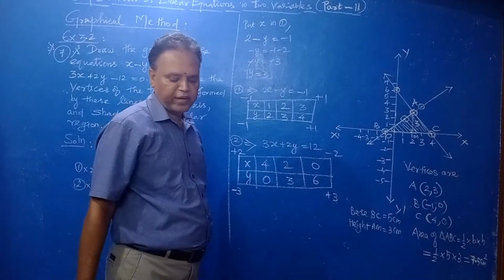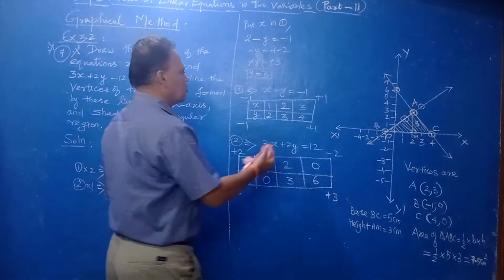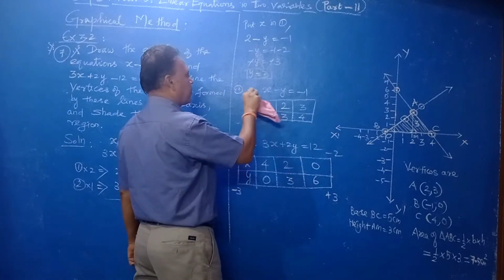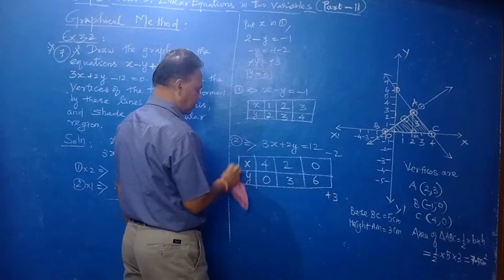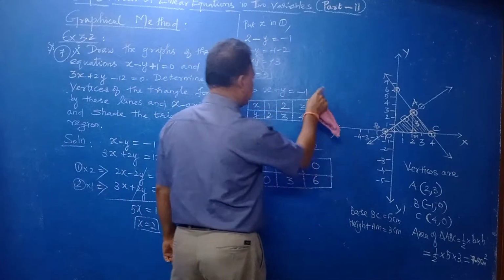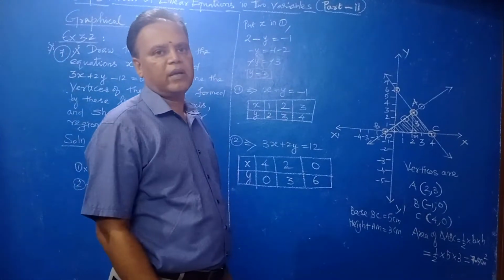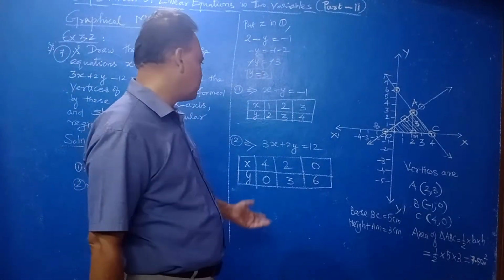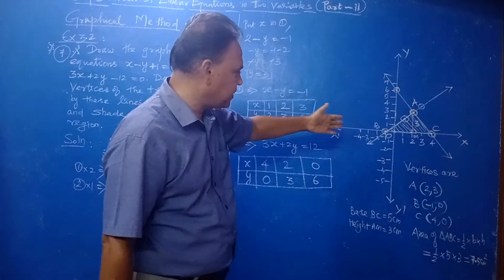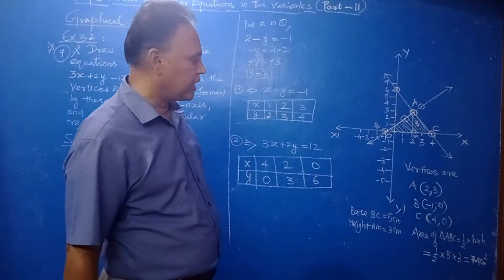After finding, you can erase them also. You write this one in pencil, then easily with an eraser you can erase it. They will only see the solution on the graph. If the graph is correct, okay. They will not see this, and easily you will get the marks.